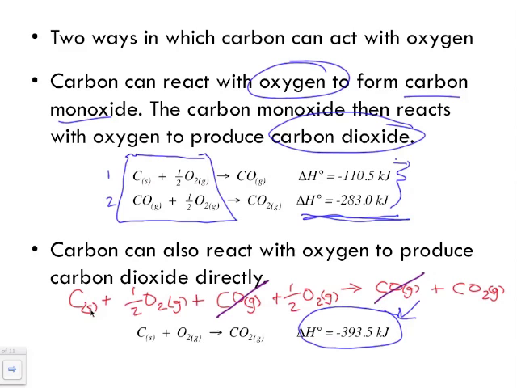If we look here, look at what we're left with. We're left with carbon reacting with a 1/2 mole of oxygen plus another 1/2 mole of oxygen to form 1 full mole of oxygen. So we've got carbon reacting with a full mole of oxygen to form carbon dioxide.